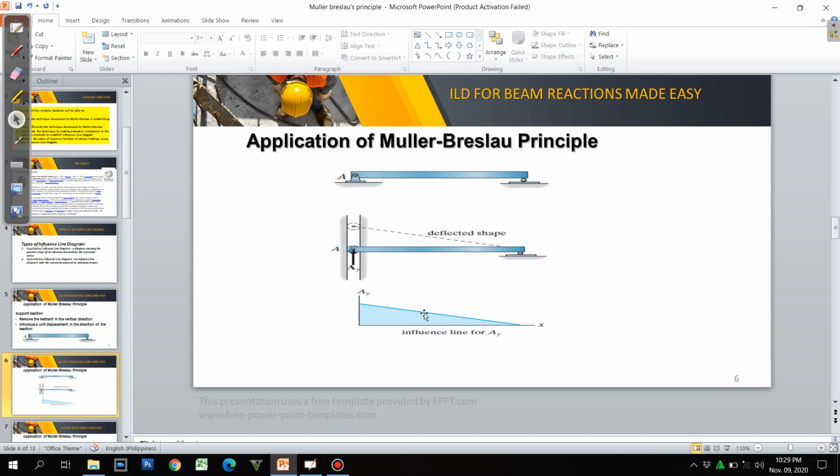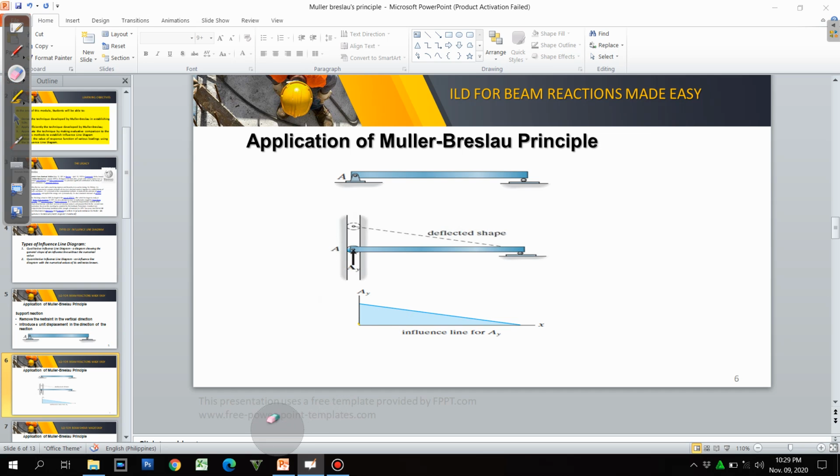So at A, we place here the value 1, or the displacement here shall be equal to 1.